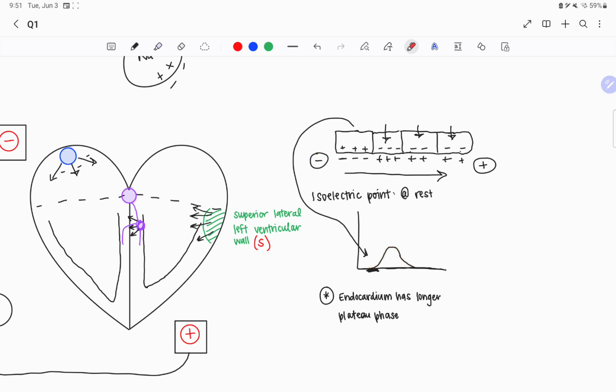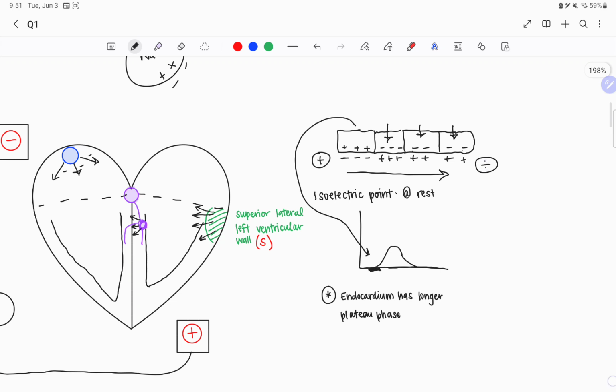Now, if we switched these to positive and negative, then we had a negative tail to a negative sensor, and we would have an upside down wave. So that's kind of interesting. But it should be opposite. Or sorry, the charges should be going opposite.